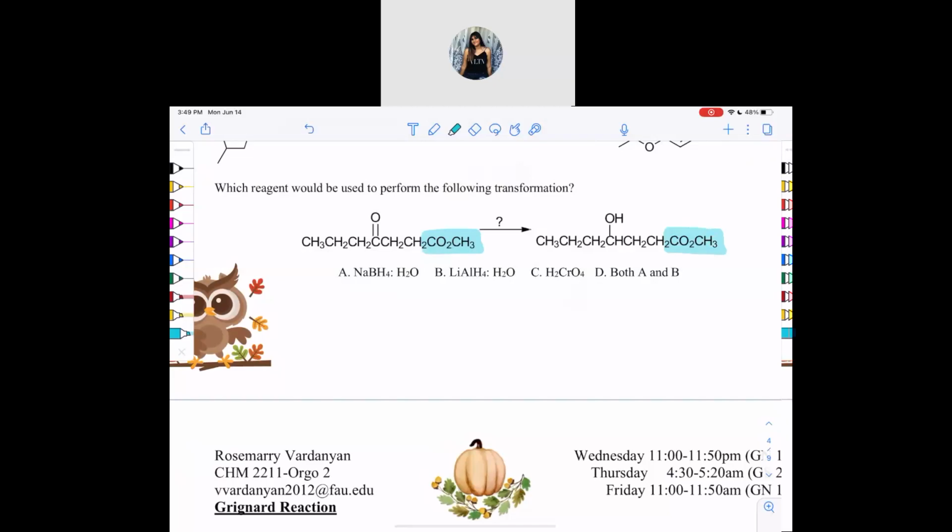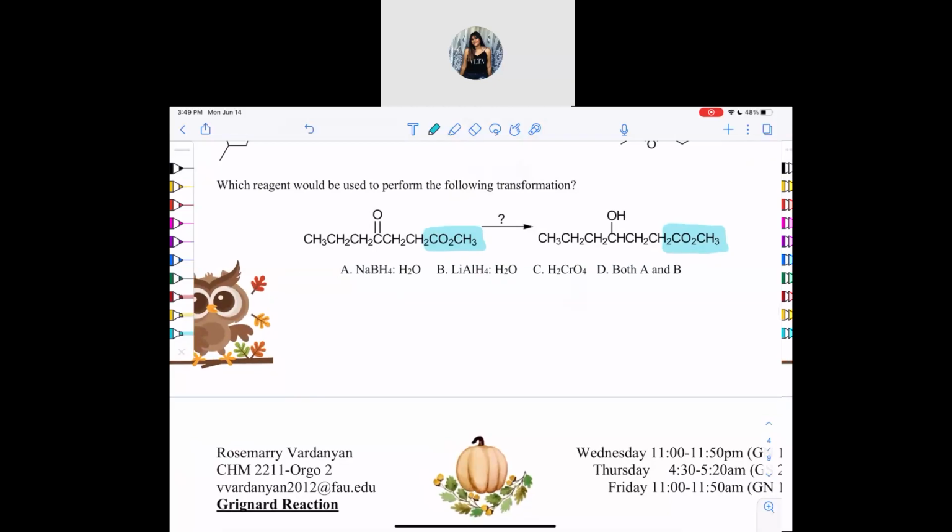Any guesses? Carboxylic acid. Okay, let's draw it out.